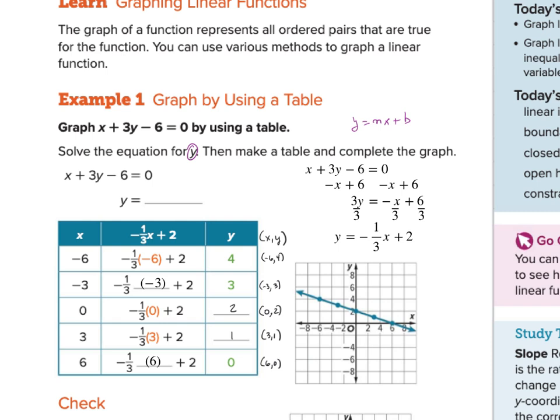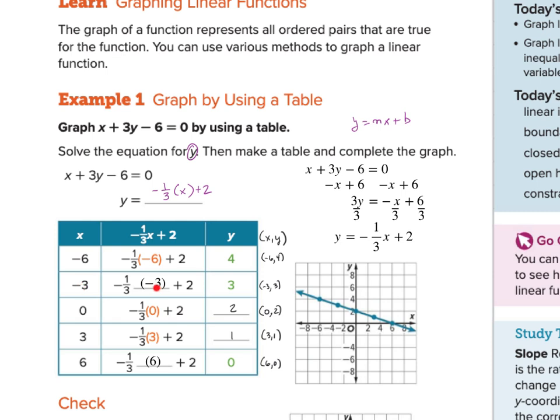So in doing so, over here you can see we said, hey, x plus 3y minus 6 is equal to 0. We did some inverse operations over here to get y equals negative 1/3 x plus 2. So I'm going to put in values of x and get out values of y. When you plug in x is negative 6, you get y is 4.